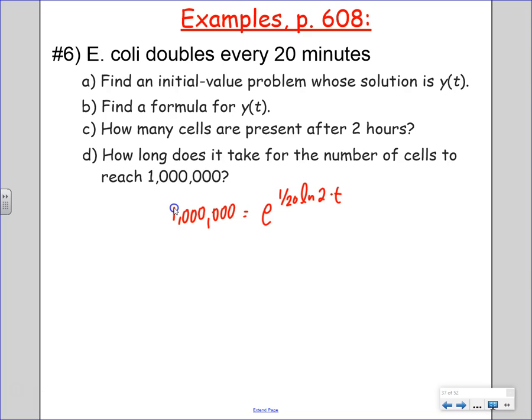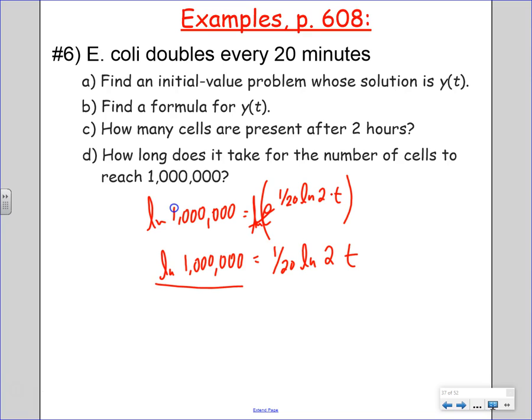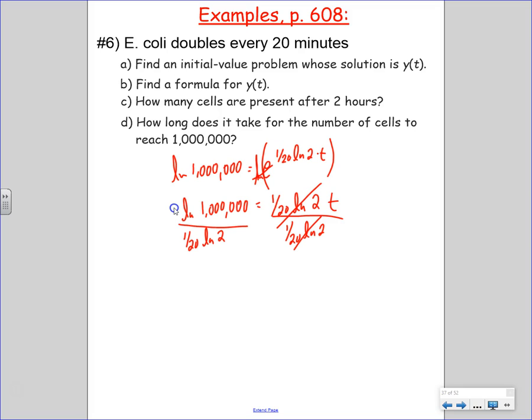So now we can just take the natural log of both sides, and we can divide by the entirety, because that's technically a constant. 1 over 20 times natural log of 2. You just plug and chug that, right?